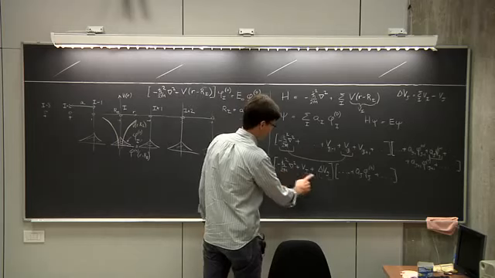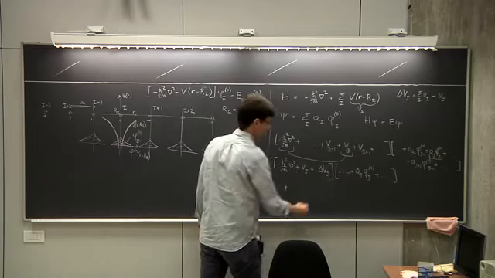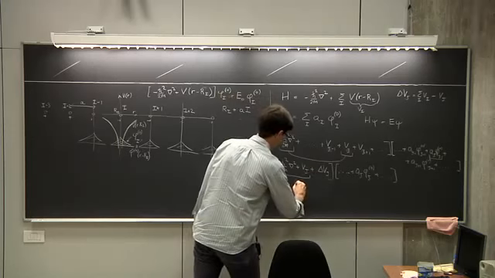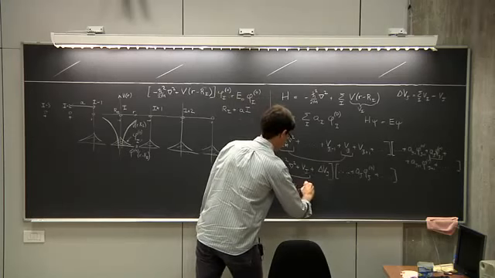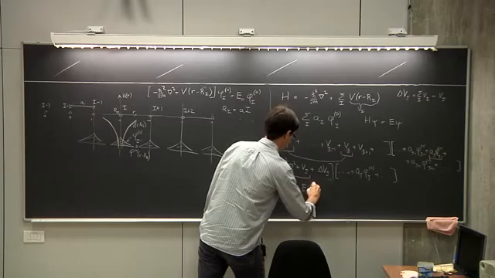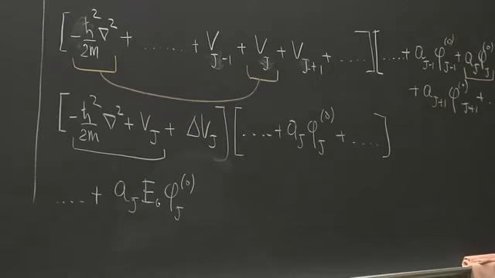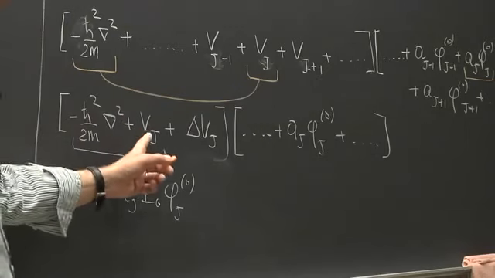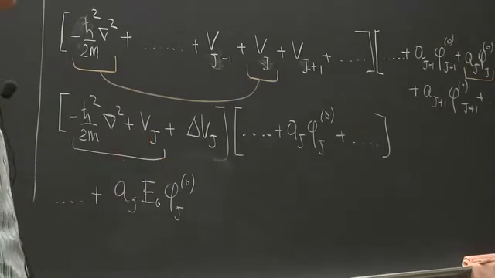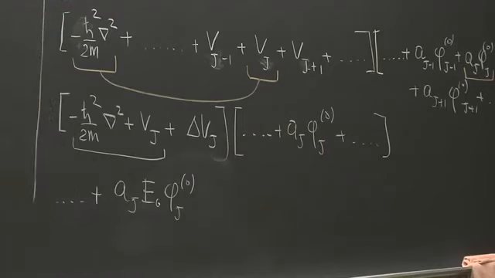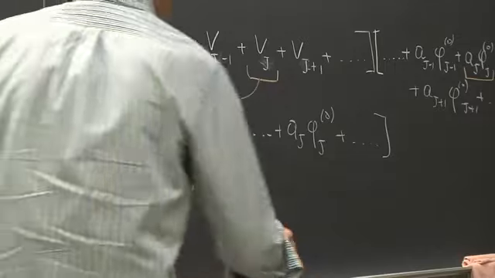And then I will have H, this one, times here. So the first term is obviously going to give me a_j E naught phi j naught, right? By definition, because this is the atomic Hamiltonian at site j. So when I apply it to the atomic wave function at site j, this gives me the eigenvalue, the atomic eigenvalue. And then I have delta Vj.